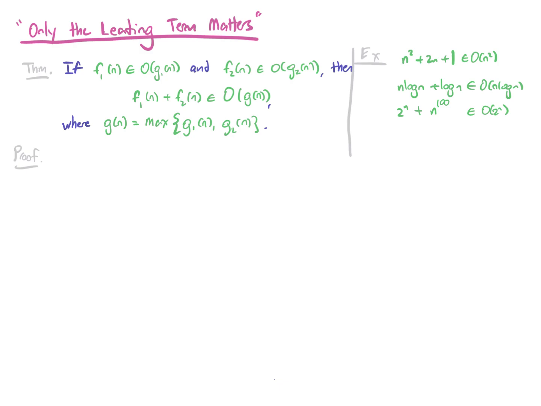So here we are. What we need to do is, this is a direct proof, so what we first need to do is state what we are assuming and then cash out the definitions. So let f1 of n be big O of g1 of n, and let f2 of n be big O of g2 of n.